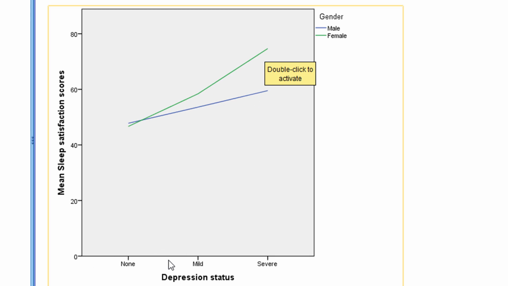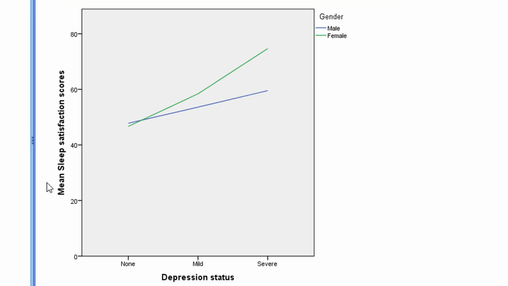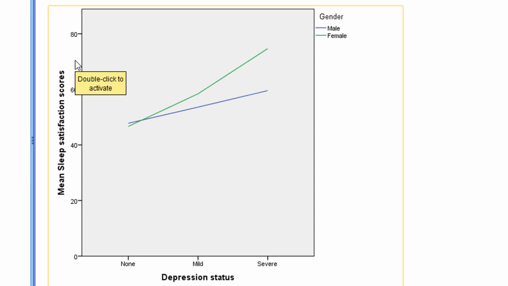On the x-axis we have depression status, the depression levels none, mild, severe, and on the y-axis we have mean sleep satisfaction scores. And let me tell you, the higher the score, the poorer the sleep satisfaction. So higher scores show poor sleep satisfaction.